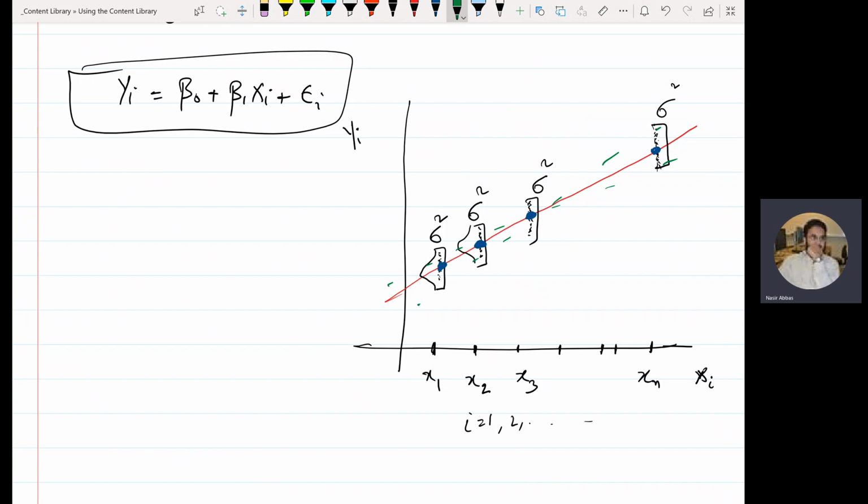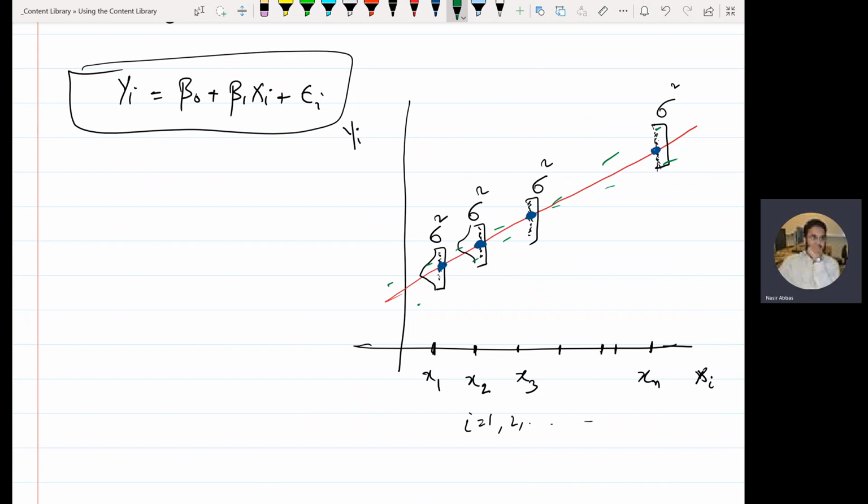Now, when you talk about a line, the line depends upon what? Two quantities, intercept and slope. If I say I want a line, that means I need the slope and the intercept of that line. If I have those two, I will have the line.